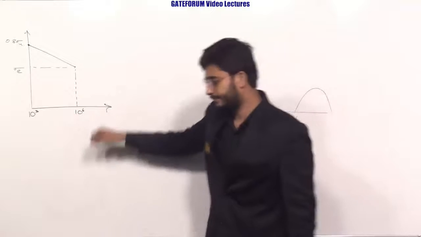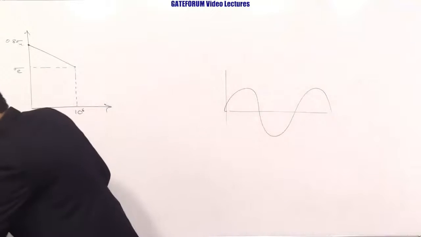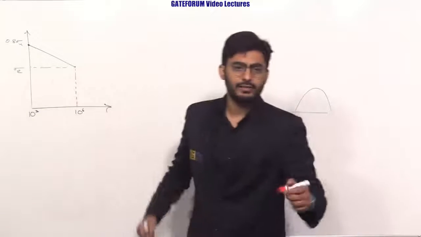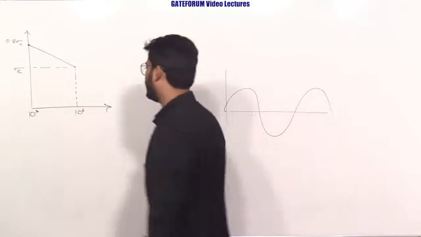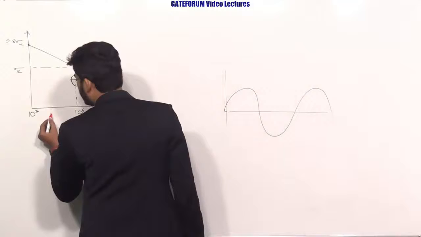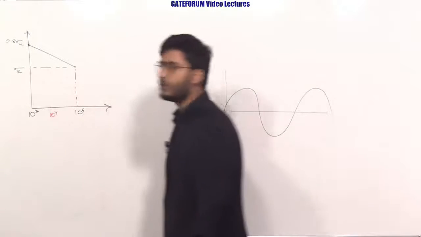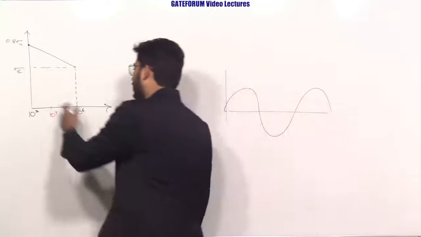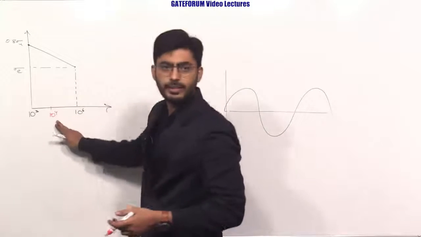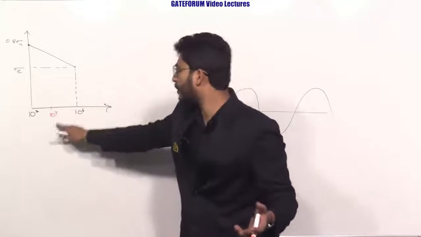Now you are required to calculate, if the life is 10 power 4 cycles, what is the stress amplitude for the machine element to sustain this many number of cycles.